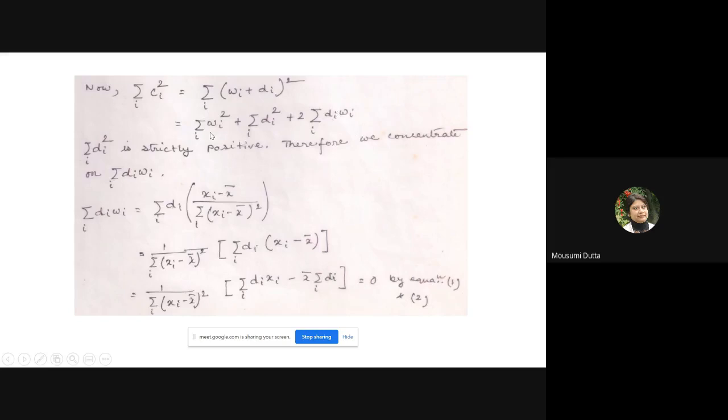And we will find that for the alternative estimator too, the variance value is the same, similar to that of the OLS one.